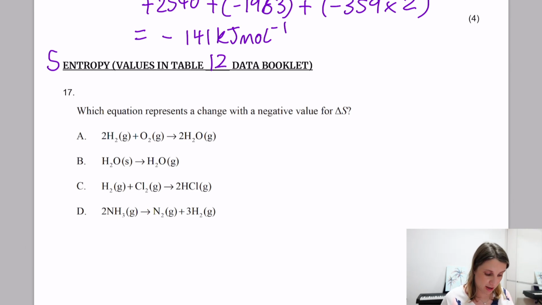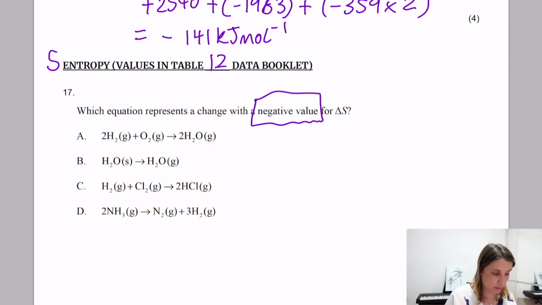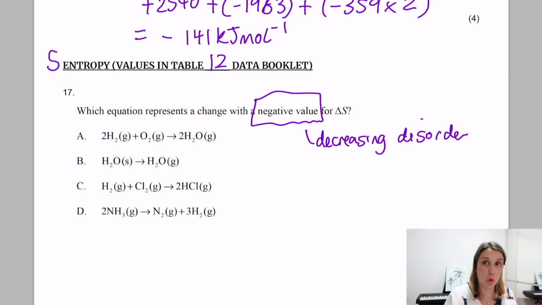What you're really looking for is, are you having more particles on the left or the right? And also the changes of state between left and right. So if you've got a negative value for delta S, this means that you've got decreasing disorder, or that it's getting more organized.